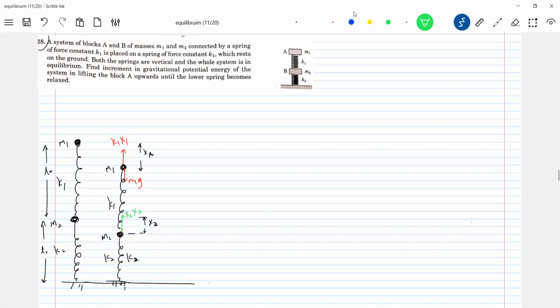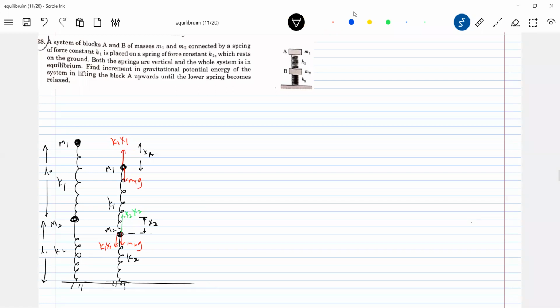Then the weight, M2G. How should K1 X1 act? K1 X1 should act downward here. This will be M2. Already K2 we have written.